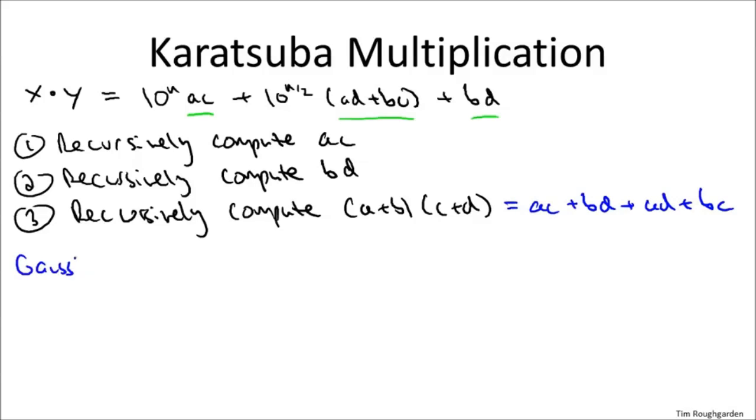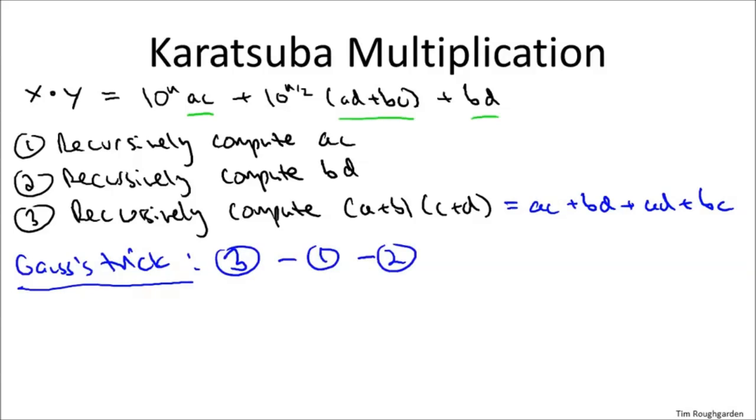And here is Gauss's trick, or observation, which is that the result of the third recursive call minus each of the first two, what happens? Well, the AC is going to cancel the AC, the BD is going to cancel the BD, and we will be left with AD plus BC, which is exactly that middle coefficient that we cared about.